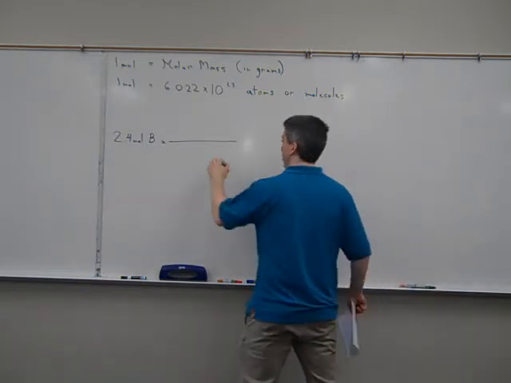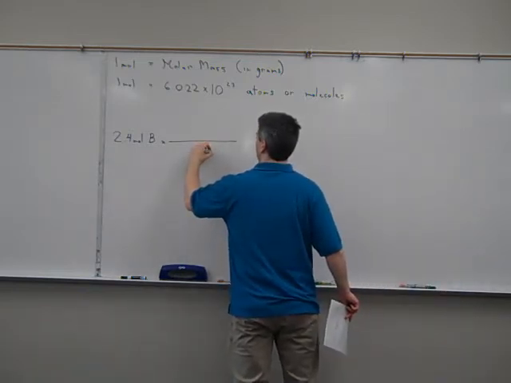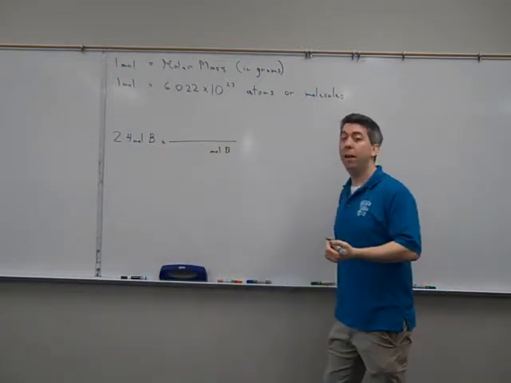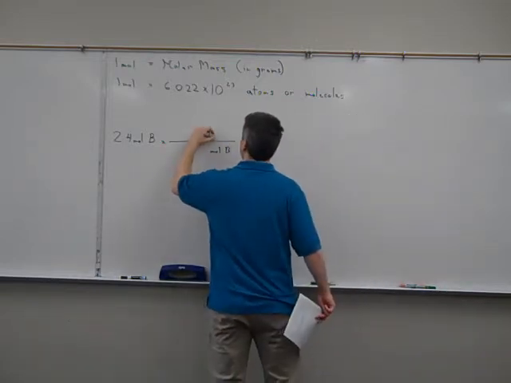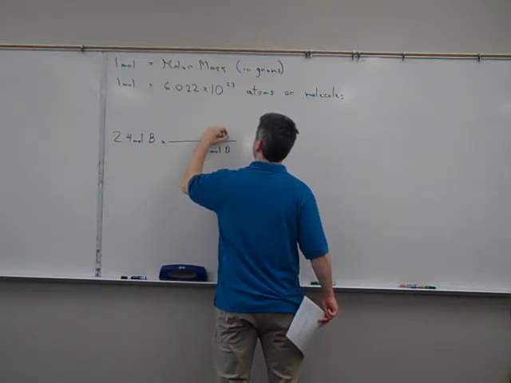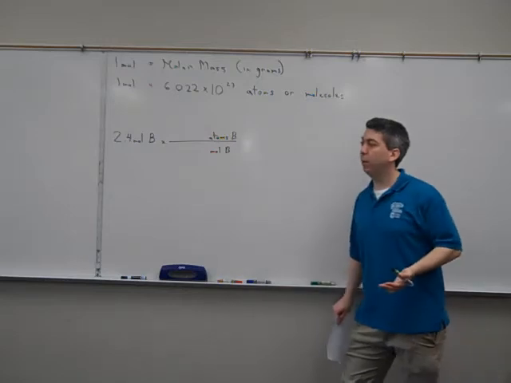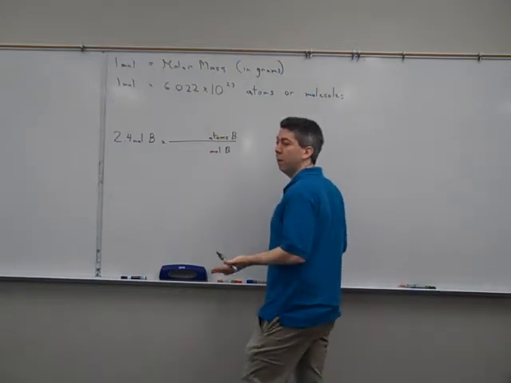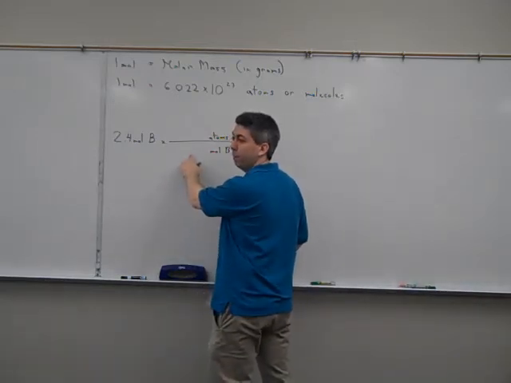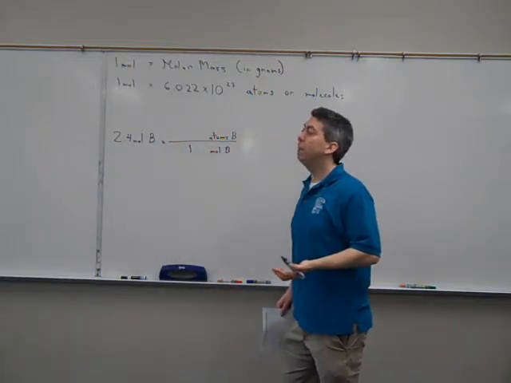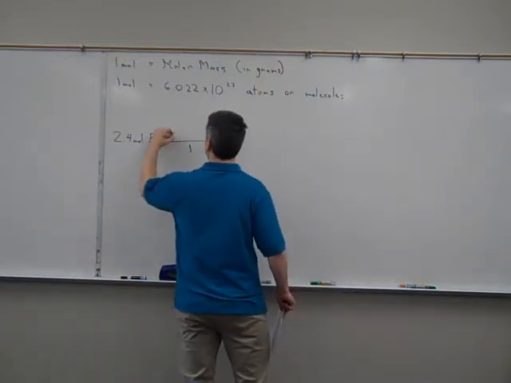So what unit goes on the bottom? Moles of boron. And what goes on top? Atoms. So moles to atoms. And how many atoms per mole? 6.022 times 10 to the 23rd, with 1 mole on the bottom.